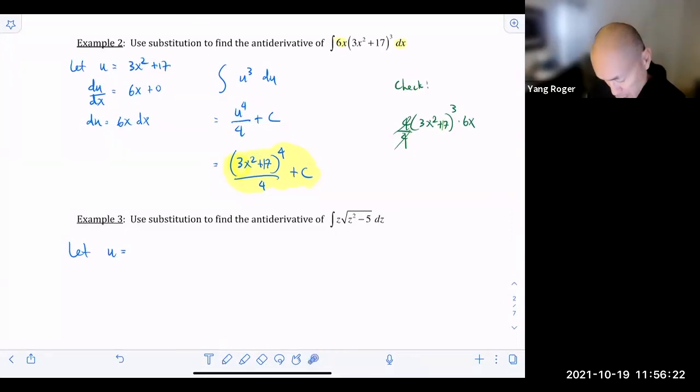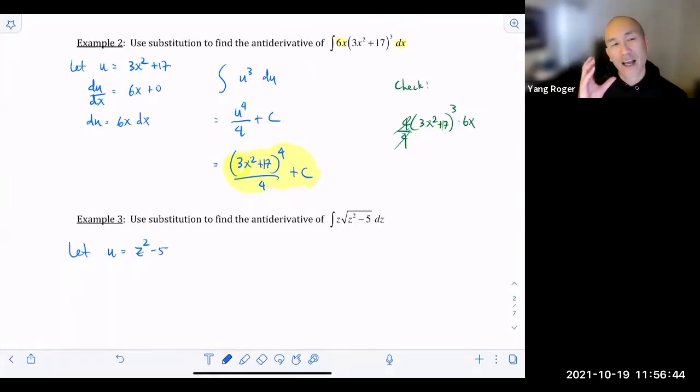So you don't really know how to take the antiderivative of the square root of anything complicated. All you know how to do is take the square root of x or the square root of u. So when you see this complicated expression inside the square root function, that's really a clue that you want to let u be that.